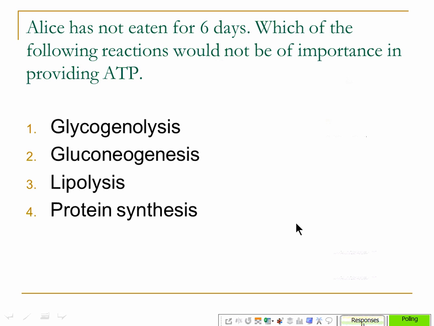So let's answer this last question. Let's say someone has not eaten for 6 days. Which of the following reactions do you think would not be of importance in providing ATP?